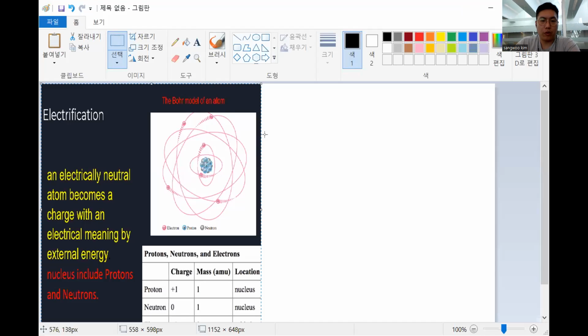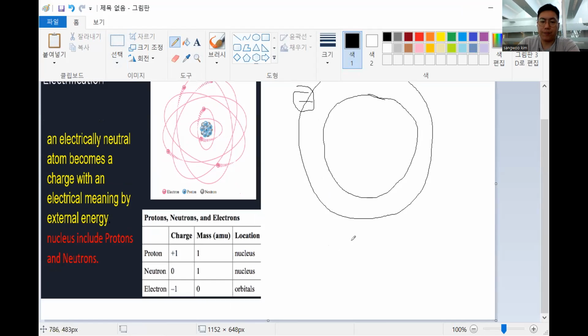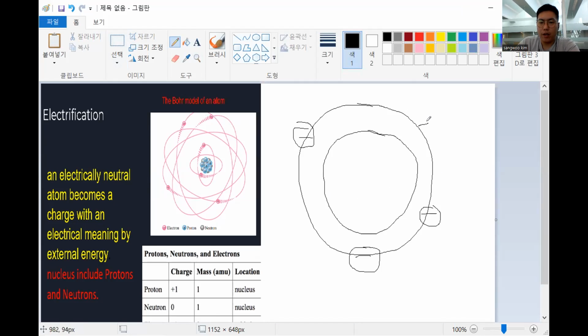So, here's the Bohr model. I will draw one more time to help you understand. Look at that. Here's the Bohr model, the atom, and here's the electron, with a minus. And look at this concept: the nucleus includes protons and neutrons.